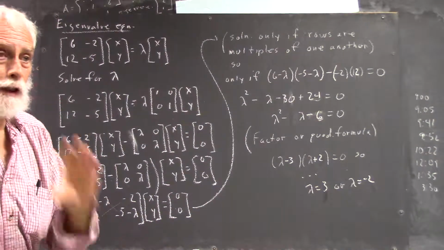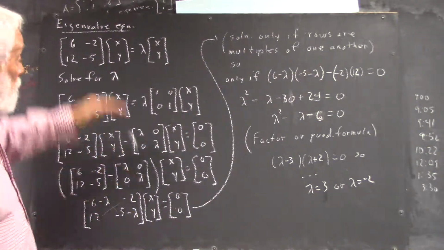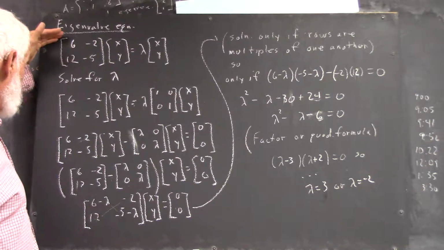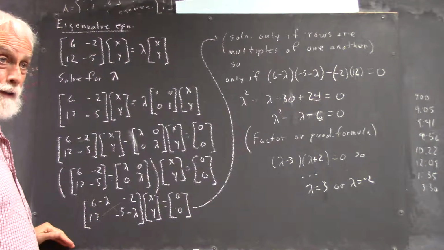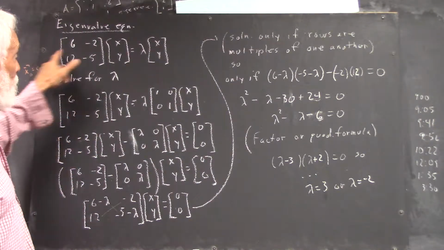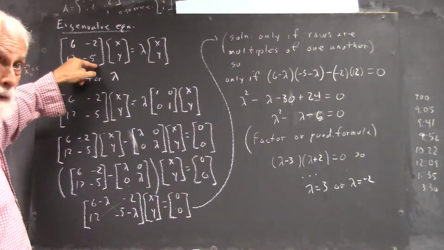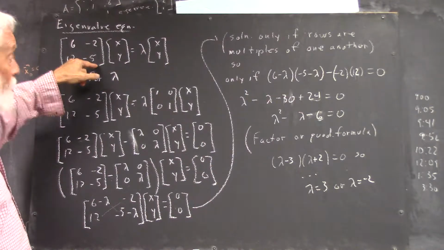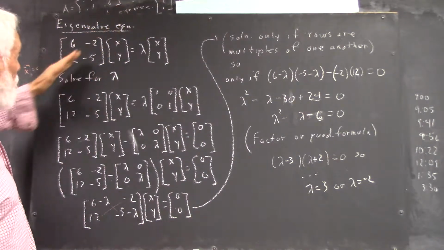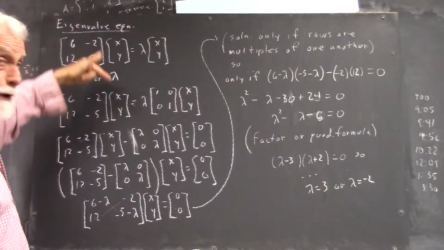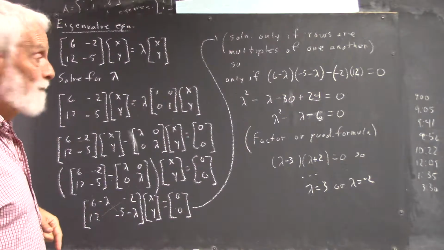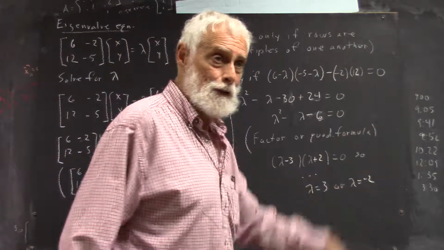And for right now, I don't care if you do, but it's better if you understand the steps from here to here, okay? But this equation, you just put a minus lambda on this and a minus lambda on this, and then multiply these, subtract what you get here from what you get here, and you get an equation that you can hopefully solve for lambda.